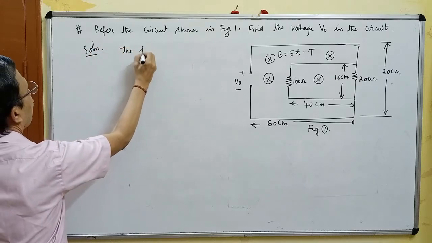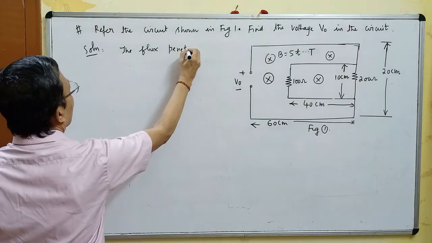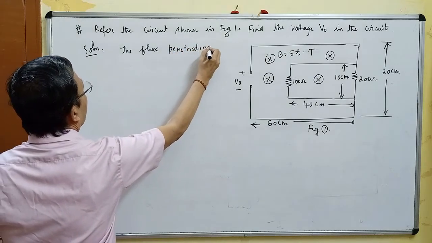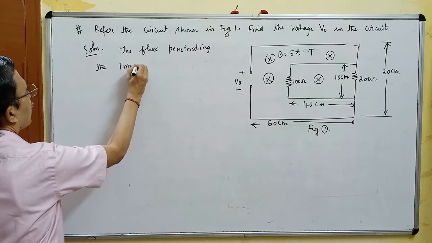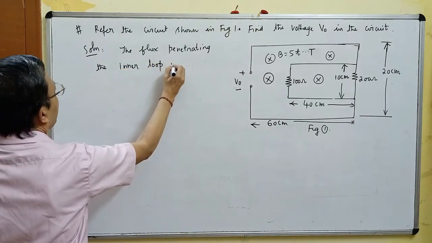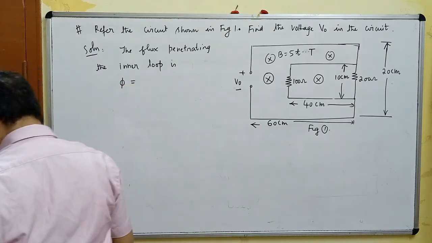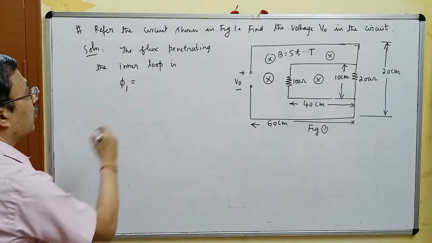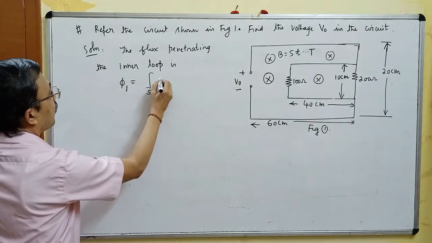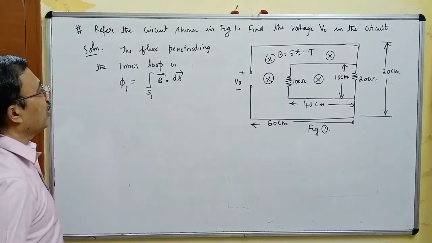The flux penetrating the inner loop is phi1 is equal to surface integral vector B dot ds. The surface I will call S1.